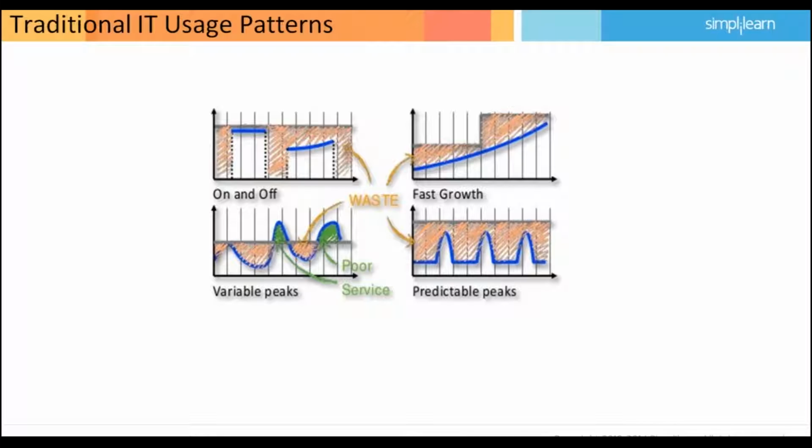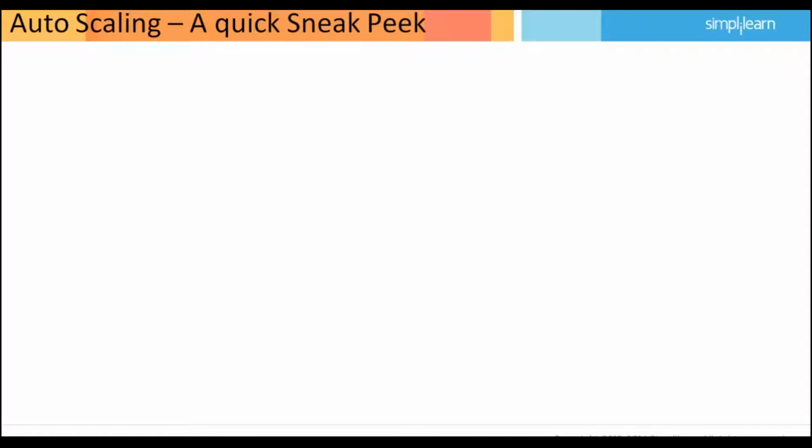On the other hand, when you're unable to deliver on a capacity request, the demand that is coming in, you're unable to provision servers, you're unable to provision storage, you're basically losing your clients, or having performance issues, or having outages. So the poor service and wastage of resources are key concerns, and this is solved by cloud computing. Cloud computing guarantees elasticity. Elasticity ensures that you can scale up and scale down as and when needed, right? So this has been the traditional pattern.